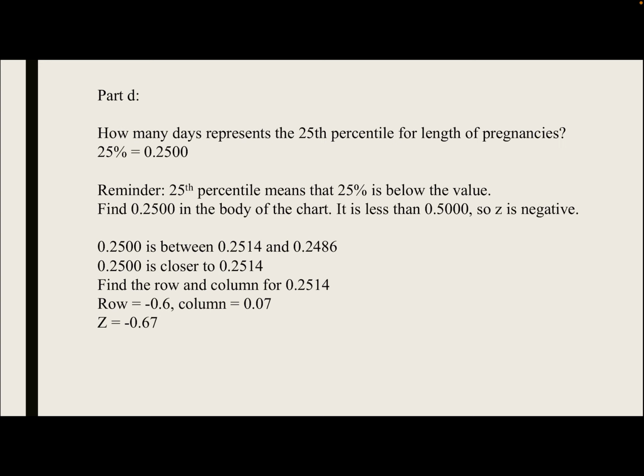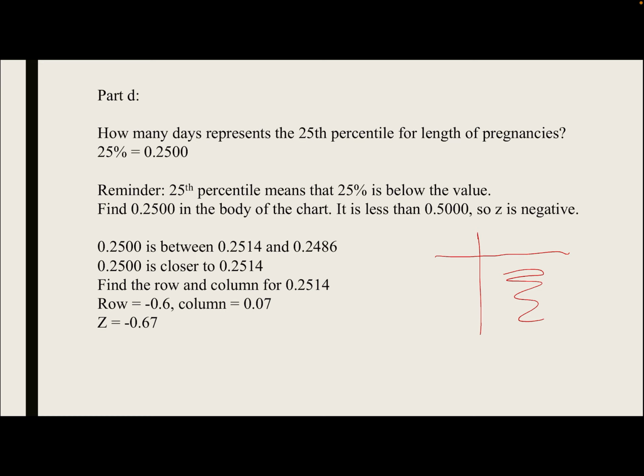How many days represents the 25th percentile? The 25th percentile means 25% is below. Since 0.25 is less than 0.5, z is negative. So find where 0.25 is in the body of the chart. It's between two values. 0.25 is closer to 0.2514.